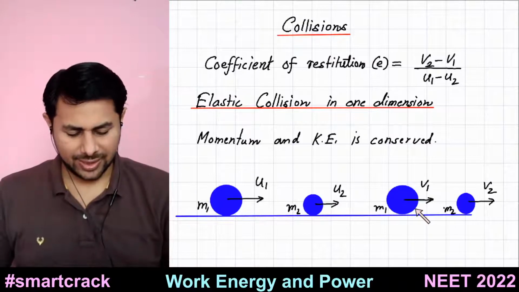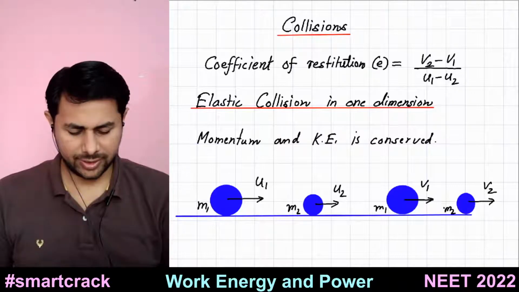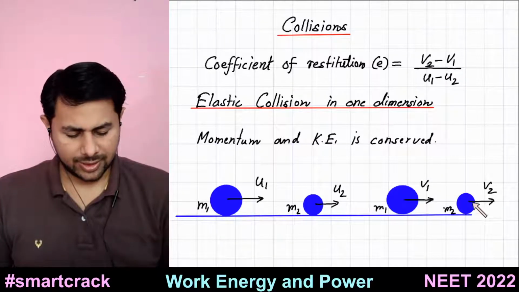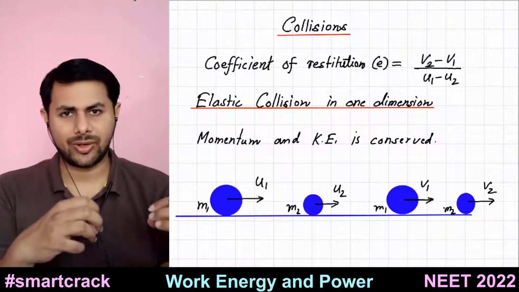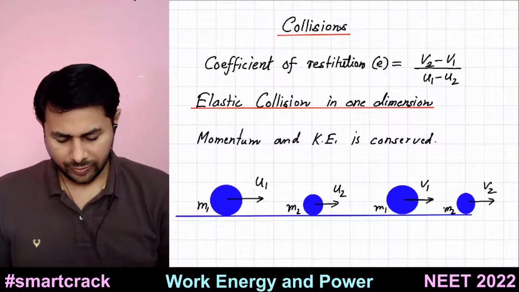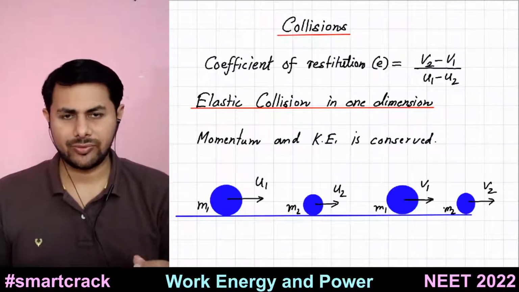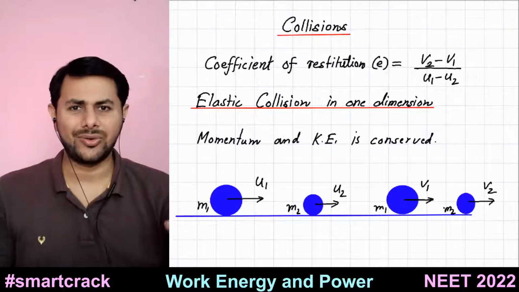The relative velocity between these two bodies after the collision is known as the velocity of separation. Velocity of separation is v2 minus v1, the velocity with which the second body is separating from the first body. And velocity of approach is u1 minus u2, the velocity with which the first body is approaching the second body for collision.